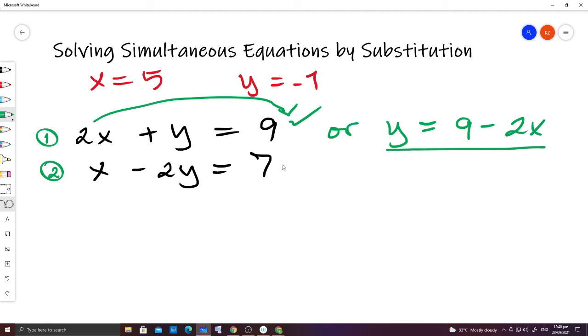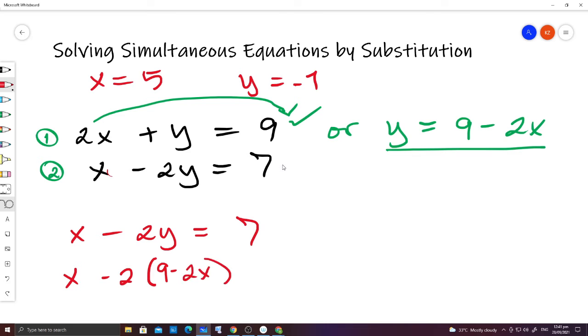And then I am going to substitute this value of y into the second equation. Let's try. So we have x minus 2y equals 7. So x minus 2, again, our value of y is 9 minus 2x, so x minus 2 times (9 minus 2x) equals 7.